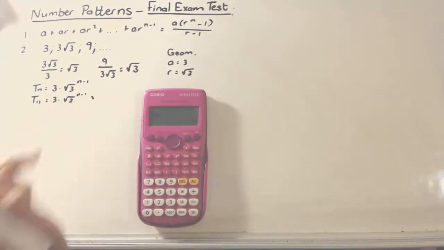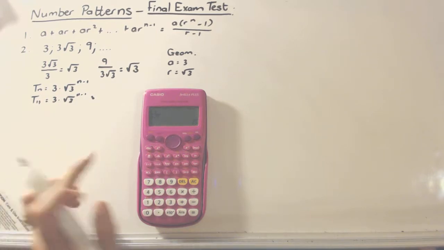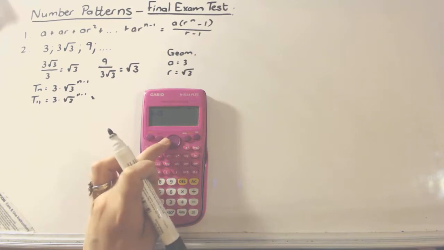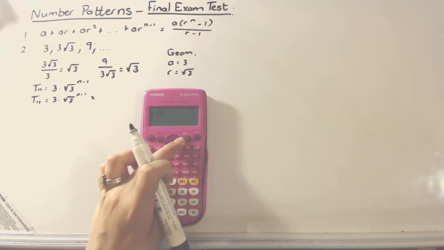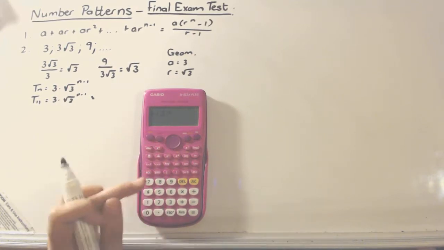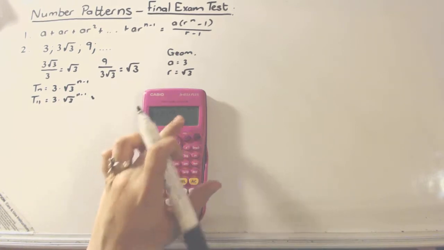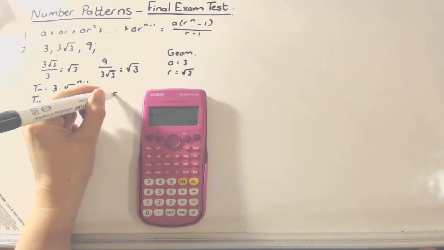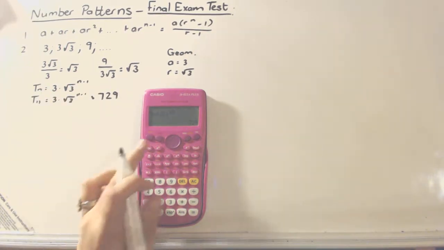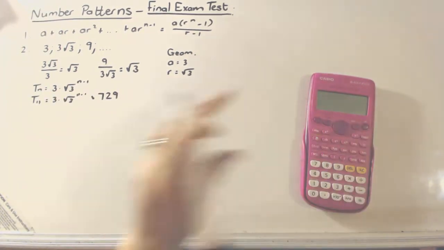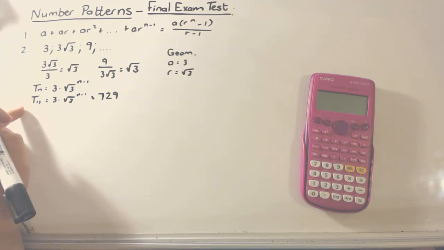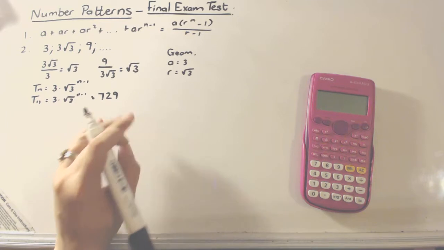So this is 10. I'm just going to put root 3 inside brackets to be safe, to the power of 10, or you can put 11 minus 1 if you want, and that is 729. Then question 2 is for 3 marks.